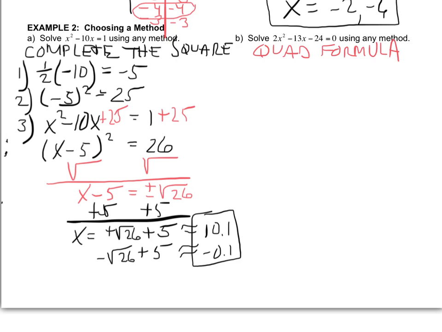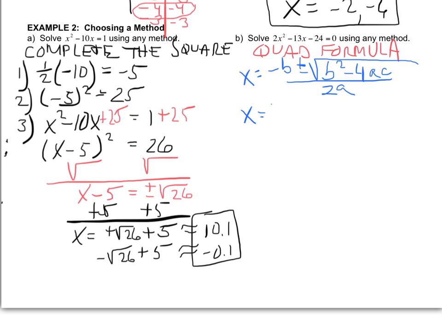So remember the quadratic formula is x equals negative b plus or minus the square root of b squared minus 4ac all over 2a. And in this one we already have everything on one side in standard form, so all I really have to do is start plugging in.